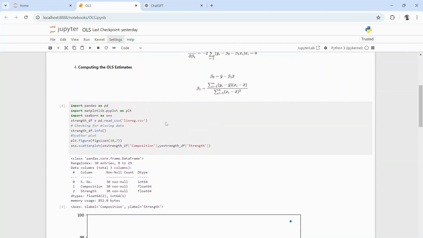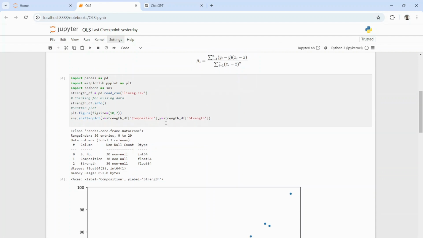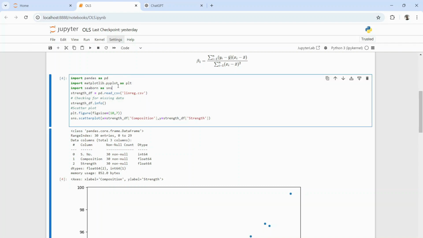Okay, so let us now look at how you can implement OLS using Python. First, let us read the data. Basically, the first three lines are for loading the Python modules.